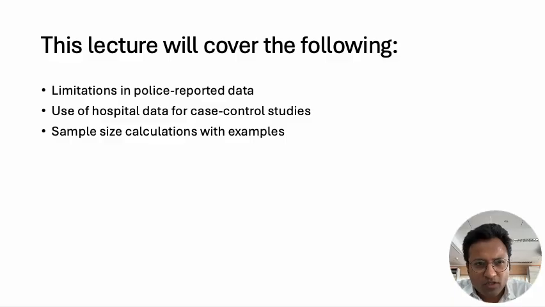Next, I'm going to talk about hospital data. So, how does hospital data become useful for doing case control studies? And I will finish with an example of a brand new research question, something that I haven't worked on, and the idea will be to help you go through this exercise of doing sample size calculations.